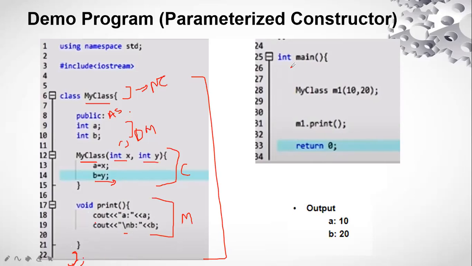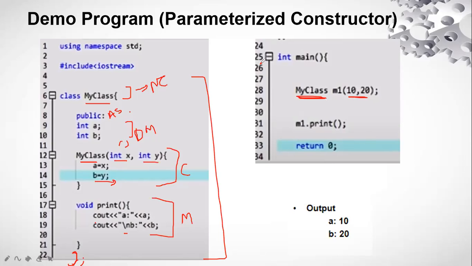How are we going to define it? int main. I'll start the curly braces. MyClass, because here I am going to call the constructor. Now in this I am going to call the constructor M1, and here I am going to pass the parameters.